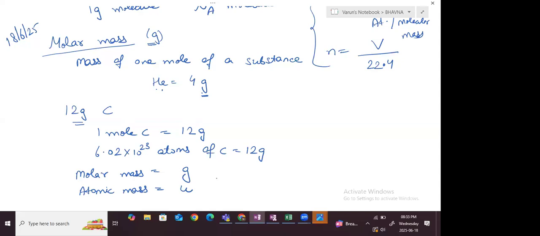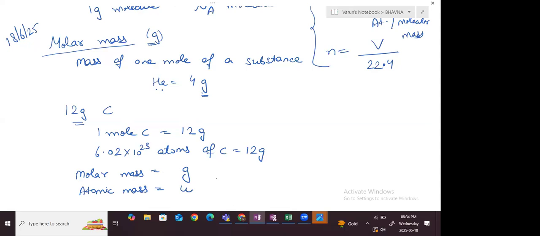Empirical formula, have you done? No, ma'am. In chemistry, you have done about the mole concept and all. Yes, ma'am. Laws you didn't do. No, ma'am. No issue.